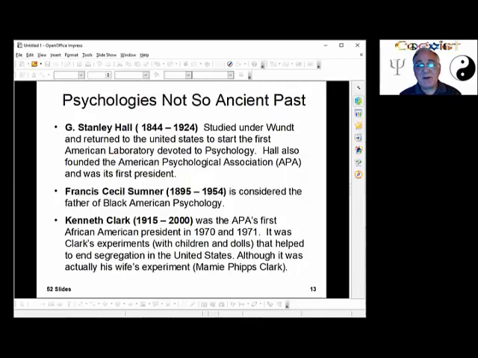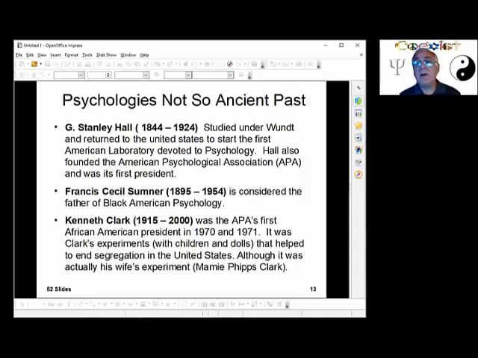Francis Cecil Sumner, 1895 to 1954, now we're coming really close to our time frame, is considered the father of Black American psychology, the first African-American with a PhD in psychology, but he's not the one that most people think of. Most people, when they consider African-American psychologists, think of Kenneth Clark.